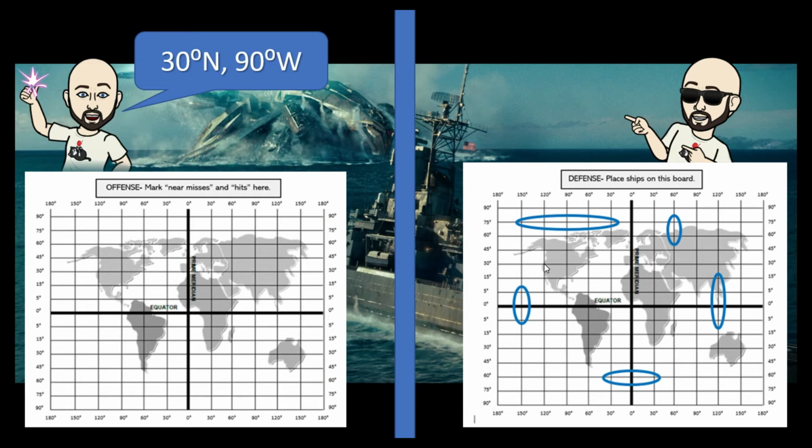If there isn't a ship there, then this person will say miss. Then this person over here will put a circle around that coordinate, so he doesn't call it again. He knows that there's nothing there. This person doesn't have to do anything at that point. Circle means a miss. There's nothing there.